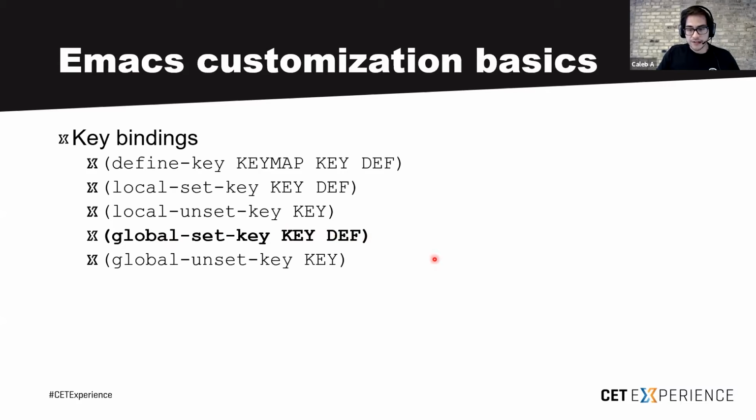What this does is define a key for all buffers. And when you place this within your init file, it will be across all instances of Emacs so long as your init file is there. This global-set-key will be used in the upcoming examples. And the unset you can obviously use to unset a key binding that is defined globally.